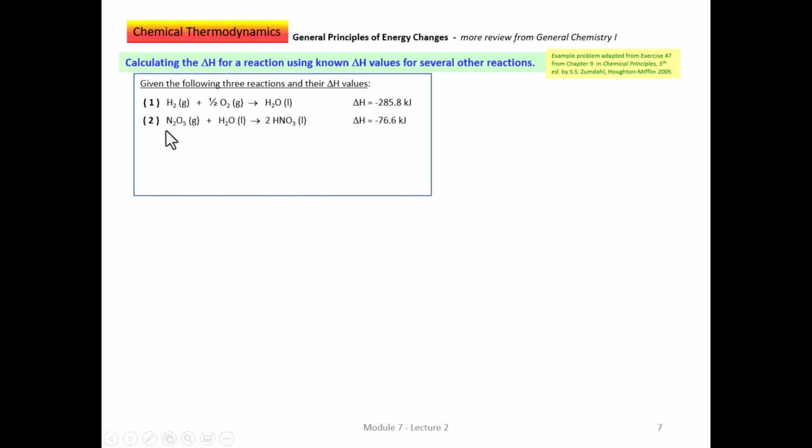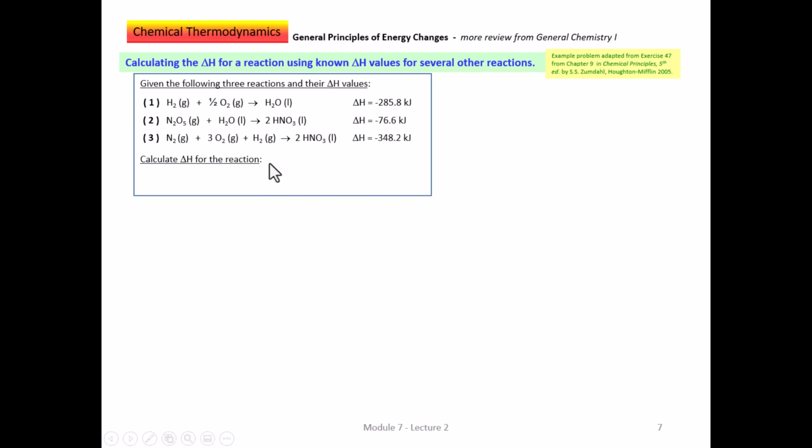Let's suppose the reaction of N2O5 with water to give 2 molecules of nitric acid is exothermic by minus 76.6 kilojoules, and that the reaction of nitrogen and oxygen and hydrogen to give nitric acid is exothermic by minus 348.2 kilojoules.